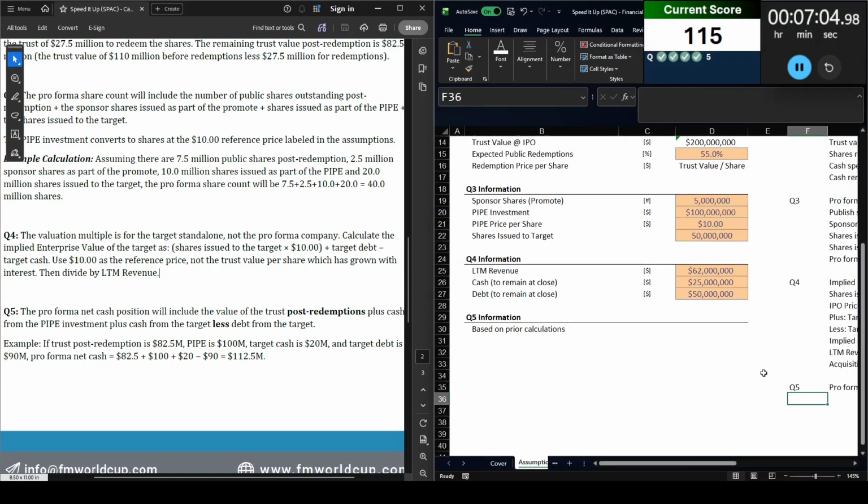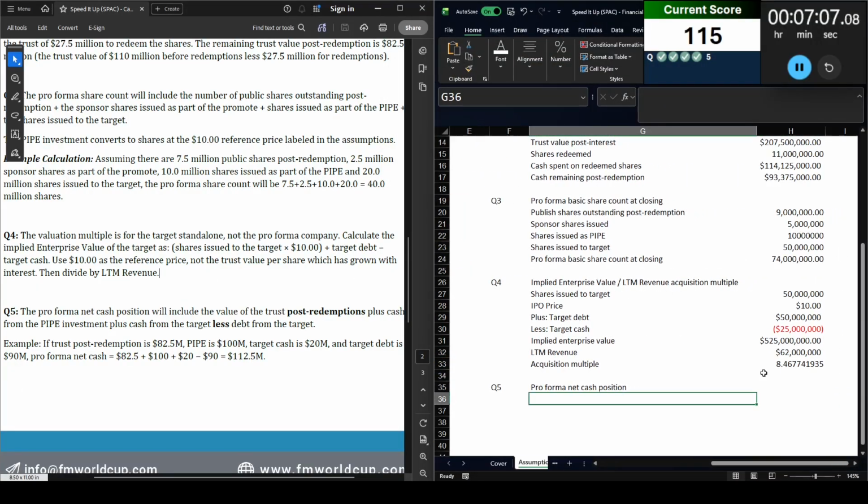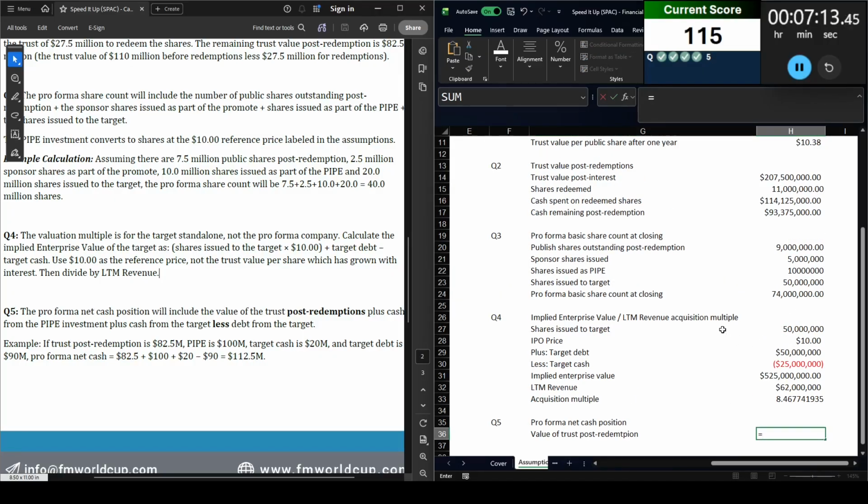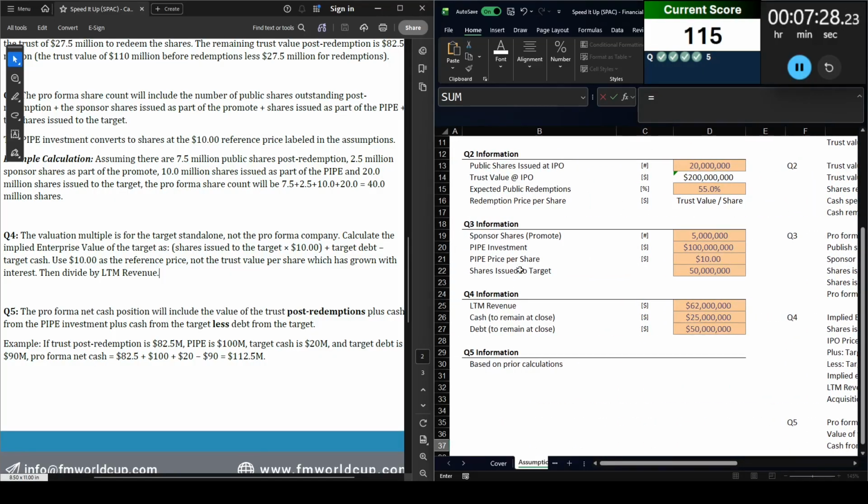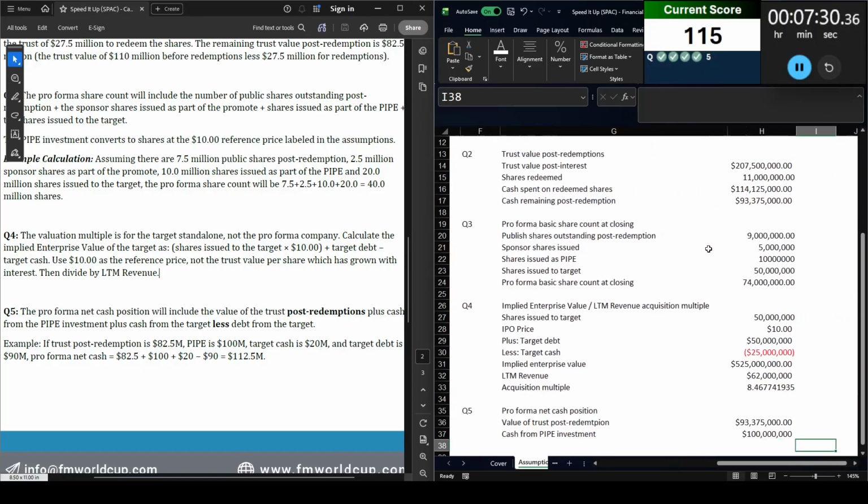Okay, so let's go ahead and do value of trust post redemption, which I believe should be here. Cash from PIPE investment, that's listed over here, right? PIPE investment, $100 million there.